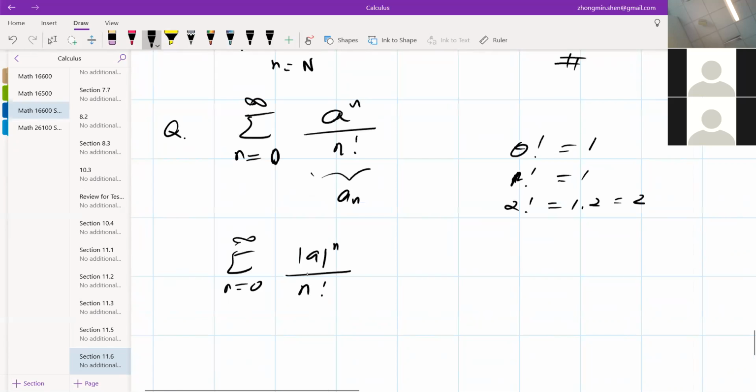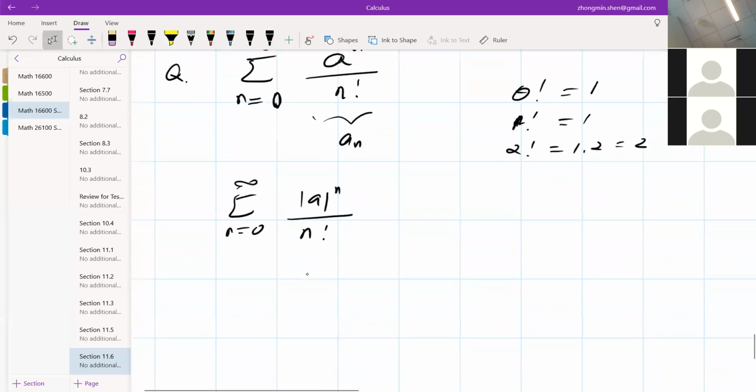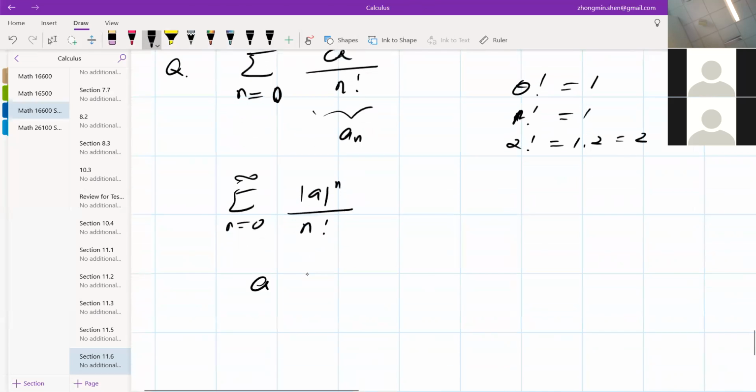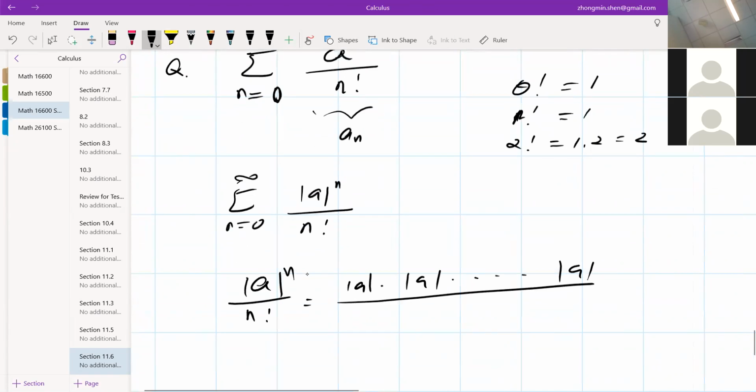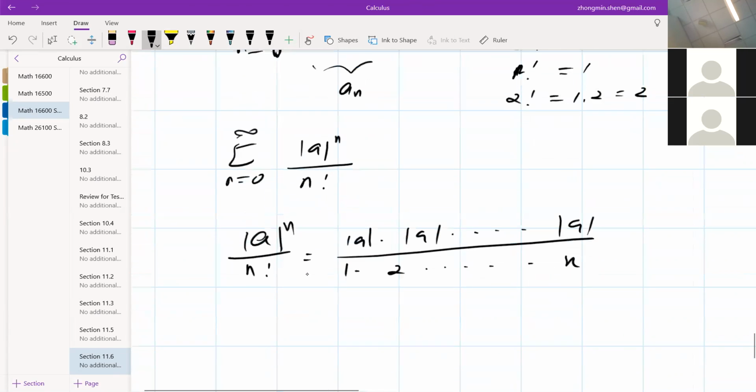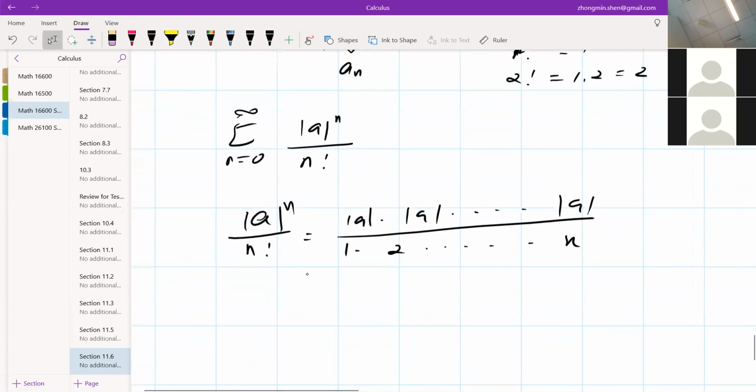Whenever you want to use a comparison test, you have to look at the absolute value of the terms. Then it's going to be a, a, a over 1, 2, up to n. You see that when n is getting larger and larger, the numerator stops somewhere here, and the remaining part is really getting smaller and smaller.